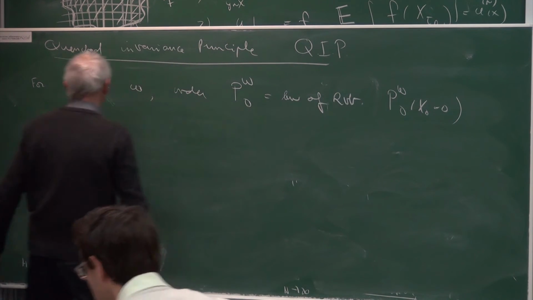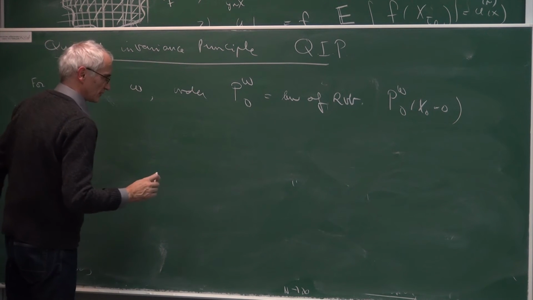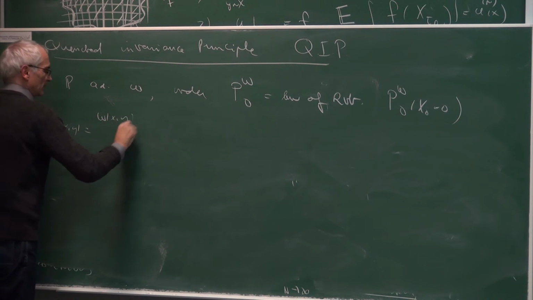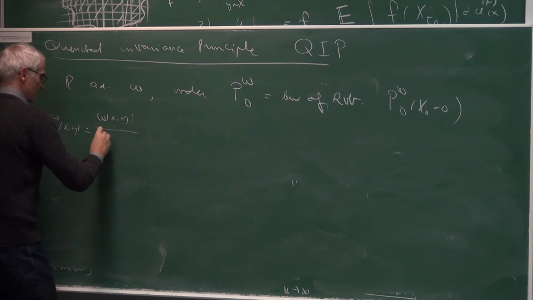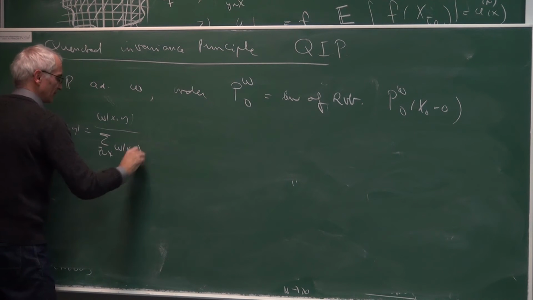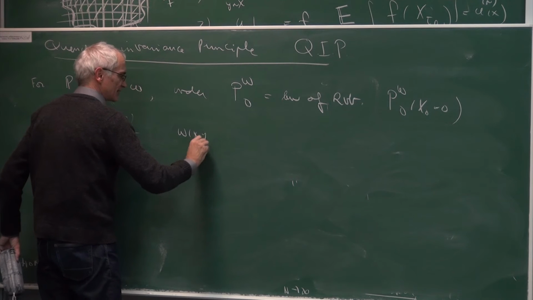Basically, I can show again what I mean. Just saying that the transition is given by the random conductance model. So what we have is P omega from x to y is omega x to y divided by the sum. And of course, the basic ingredient is that it's symmetric.